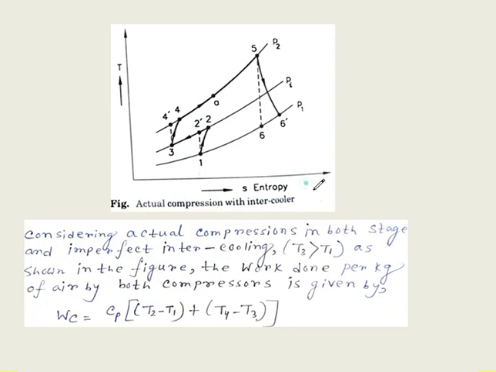This is actual compression with intercooler. Considering actual compression in both stages and imperfect intercooling, that is T3 greater than T1, as shown in this figure, the work done per kilogram of air by both compressors is given by Cp [(T2 - T1) + (T4 - T3)].